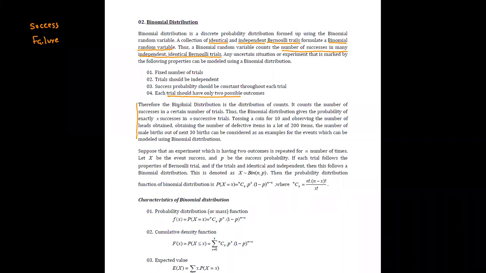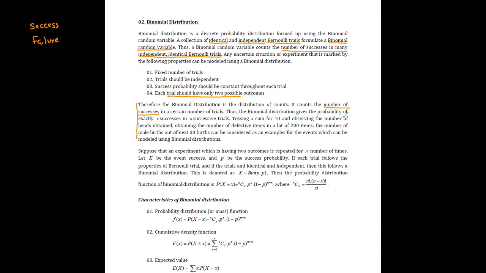That is why we can say that the binomial distribution is a distribution of counts. And this always counts the number of successes, and according to the situation, we have to define the event correctly if we are using this binomial distribution. Therefore, it generally counts the number of successes in a certain number of trials.